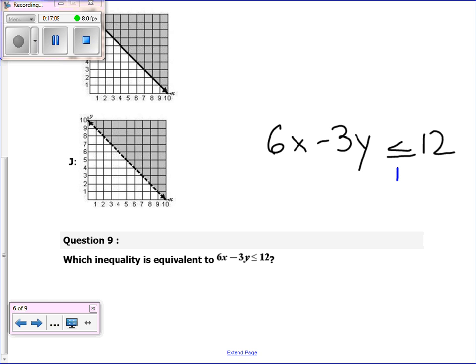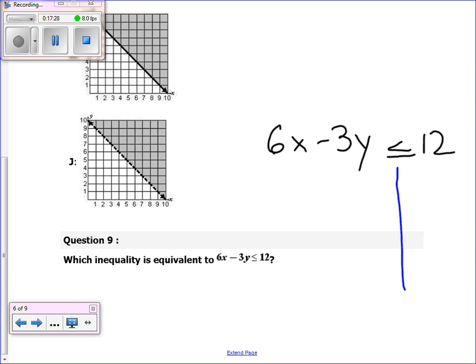Now, I need to isolate y, get y by itself. So I'm going to take that 6x and put it over to the other side. When I'm doing this, I really like to write minus 6x on both sides. I usually just say, I need the 6x over on the other side, so I am going to move it.